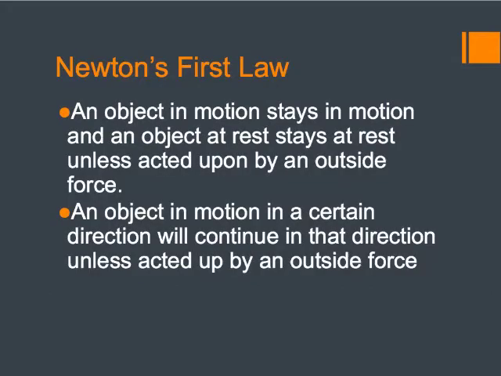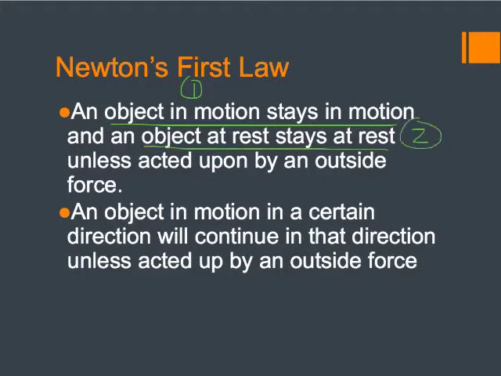So Sir Isaac Newton set the framework for our complete understanding of forces. He set up three laws, the first of which is Newton's first law, which has three major points to it. First one is an object in motion stays in motion. So if an object is moving, it wants to keep moving. Second part is an object at rest stays at rest.